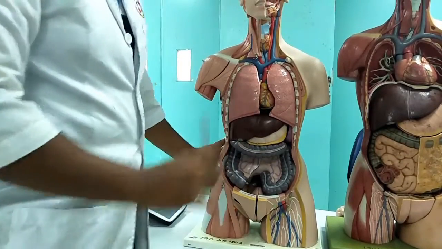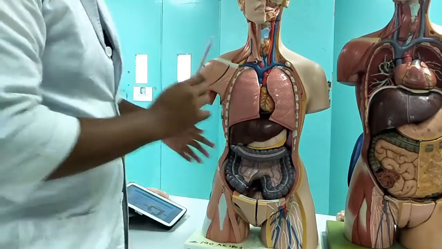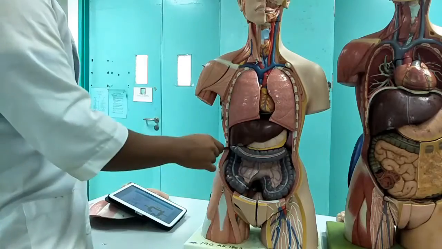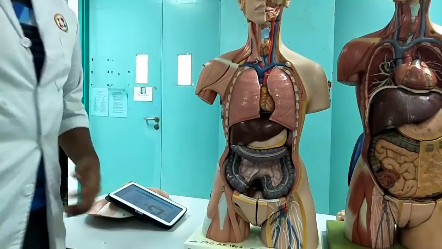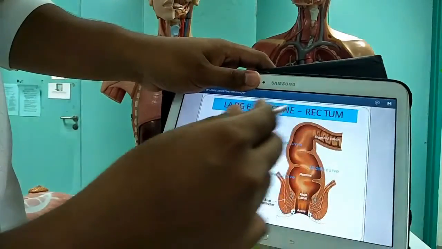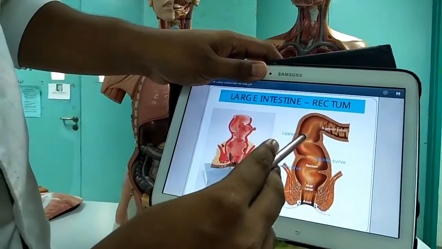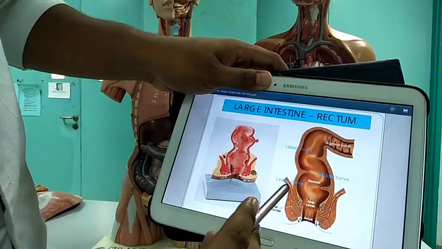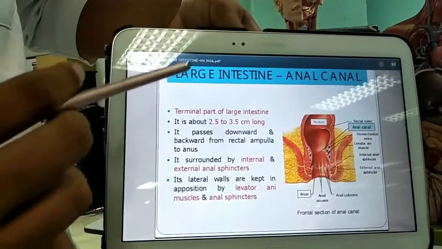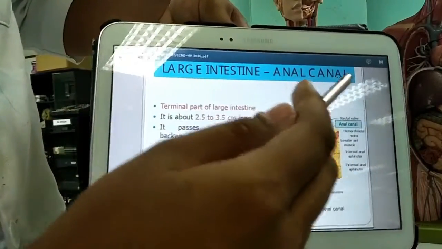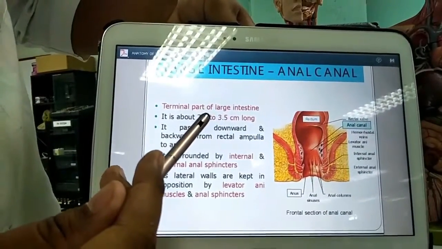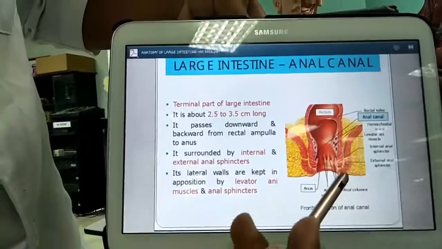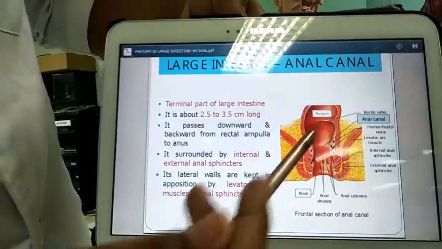The second part of the large intestine is the colon, which consists of ascending, transverse, descending, and sigmoid. The third part is the rectum, which consists of upper curve, middle curve, and lower curve. The last part of the large intestine is the anal canal, which is about 2.5 to 3.5 cm long. This is the anus. Okay, thank you.